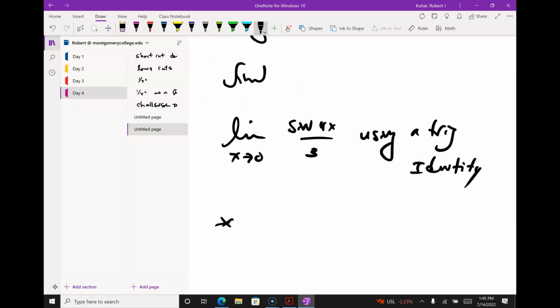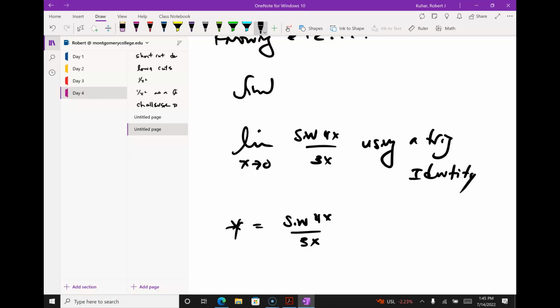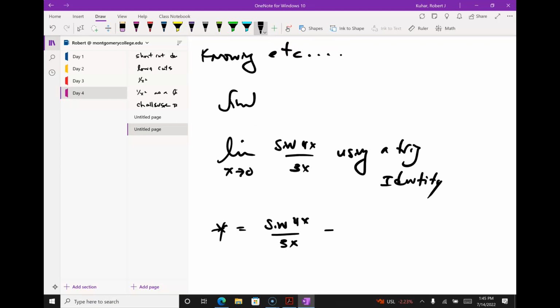So what do you think? What's star here? Sine of 4x over 3x, sorry. What's my trig identity I can use? Nope, can't take the 4 out.